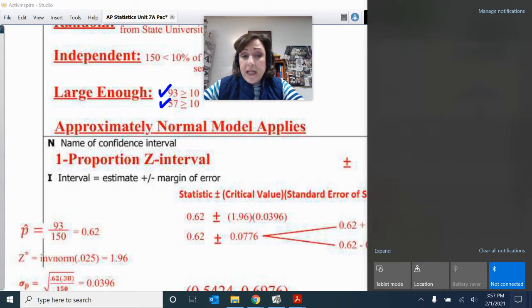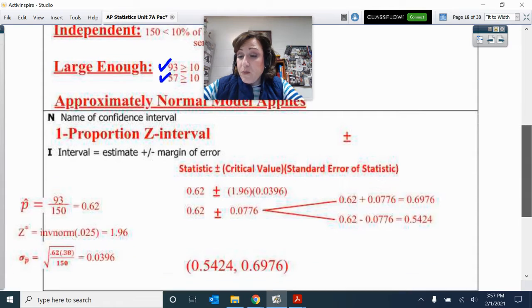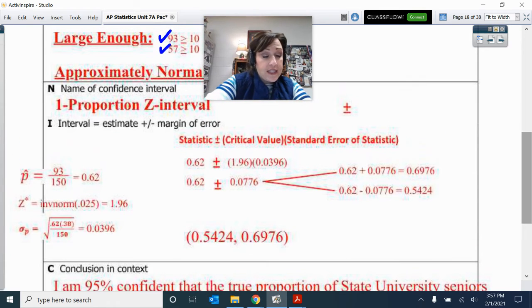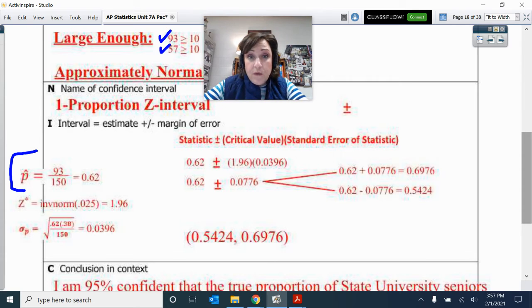So now I went ahead and I always just kind of put my information over here to the side. My P hat was 93 out of 150, which is 0.62. My critical value, we were asked to be 95% confident. So that's inverse norm of the one tail of 0.025.